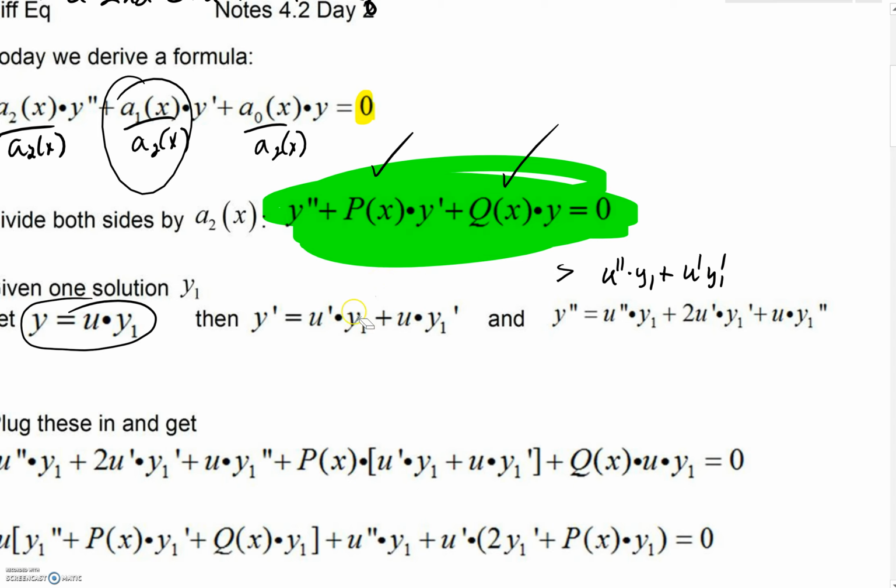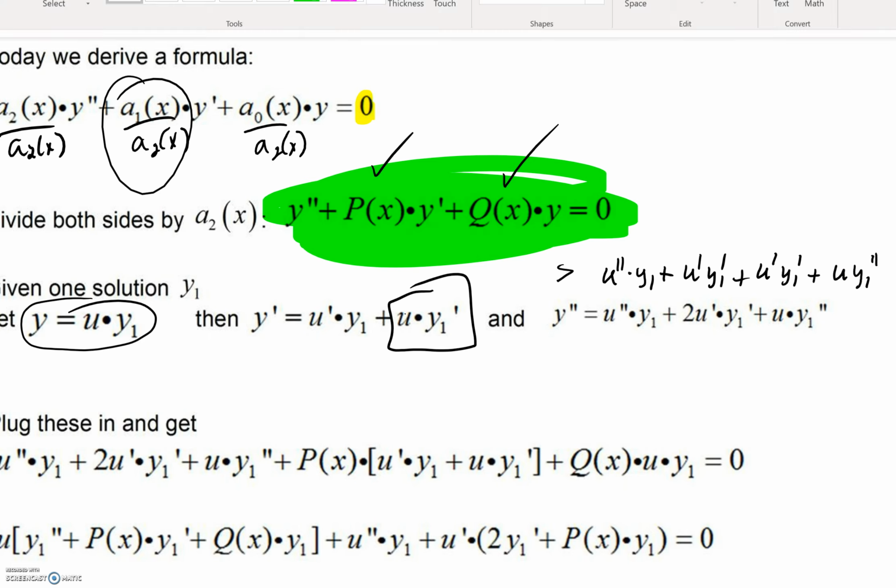But then please realize we have another product rule that we'd have to move ahead with. We'd have this u prime, take the derivative of the first function, y1 prime, and then plus we'd have a u y1 double prime.